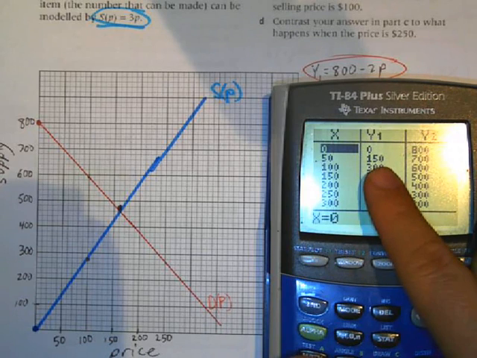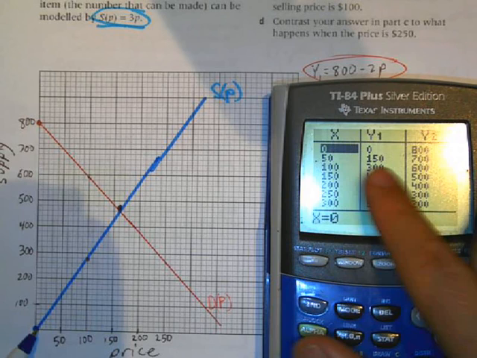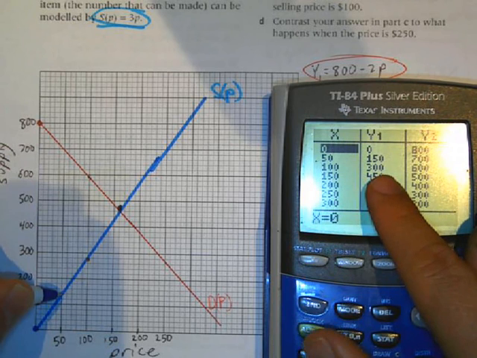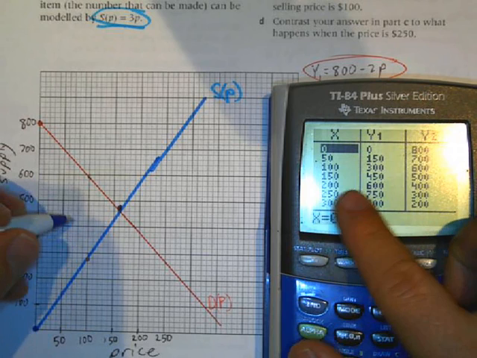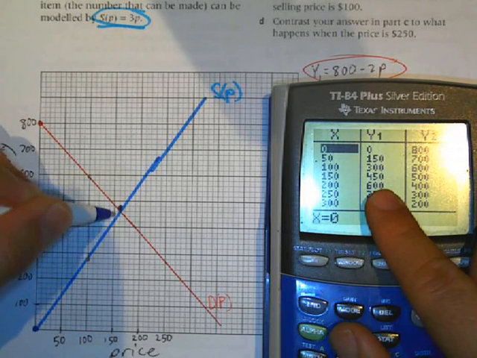So the blue graph, 0, 0 is this point here, 50, 150 goes right there. 100, 300, it's right there. 150, 450 is right there, and so on.